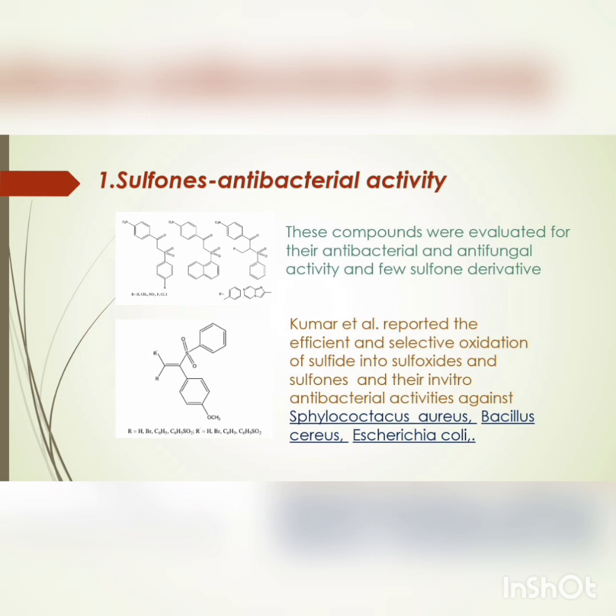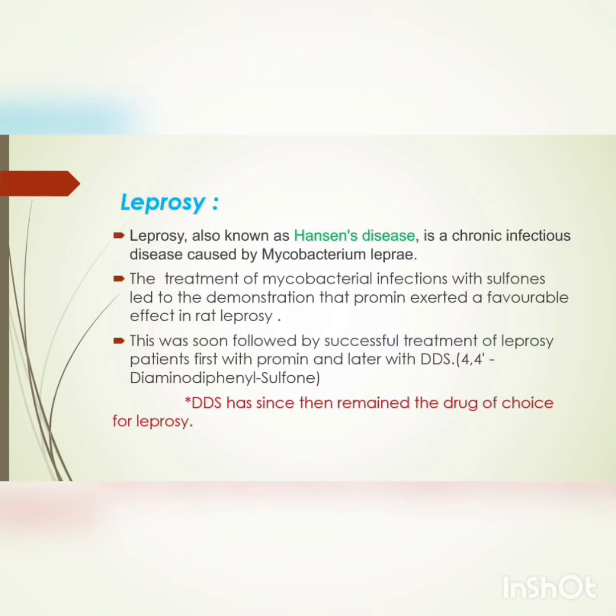Then त्यातलं पाहूया आपण leprosy. Leprosy, also known as Hansen disease, is a chronic infectious disease caused by Mycobacterium leprae. The treatment of mycobacterial infection with sulfones led to the demonstration that bromine exerted a favorable effect in rat leprosy.